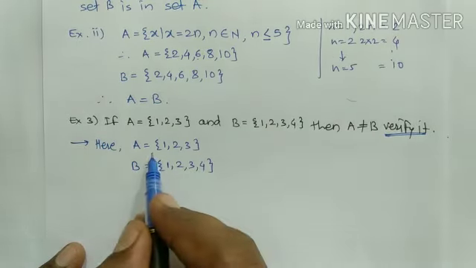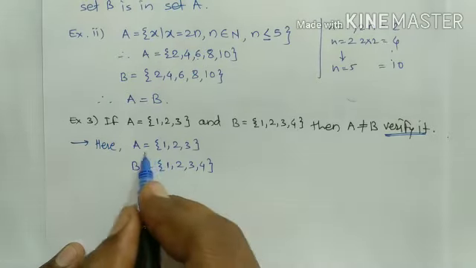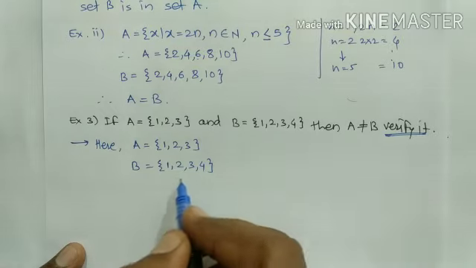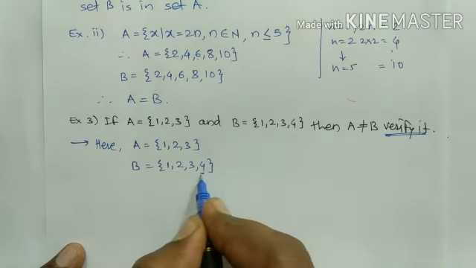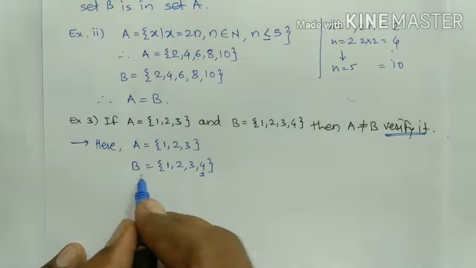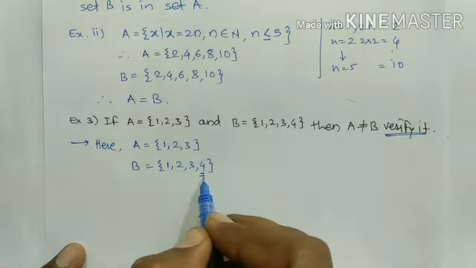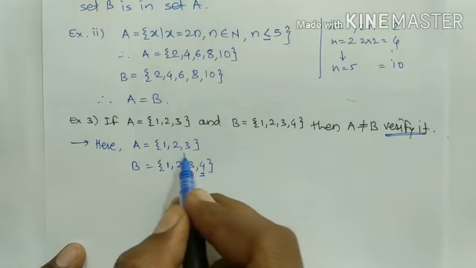When you observe the elements of set A and set B, here every element of set A is in set B, but the element 4 of set B is not the element of set A. या ठिकाणी जो हा 4 आहे B मधला एलिमेंट तो A चा एलिमेंट नाही.